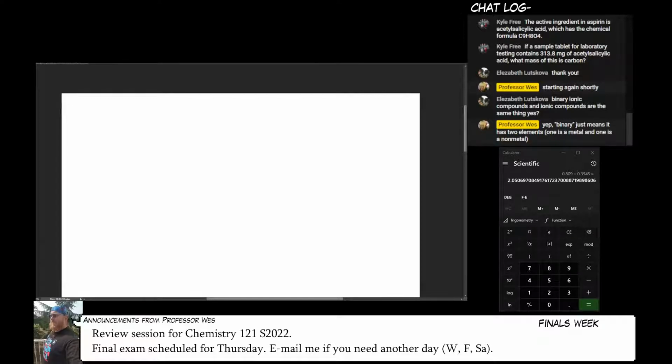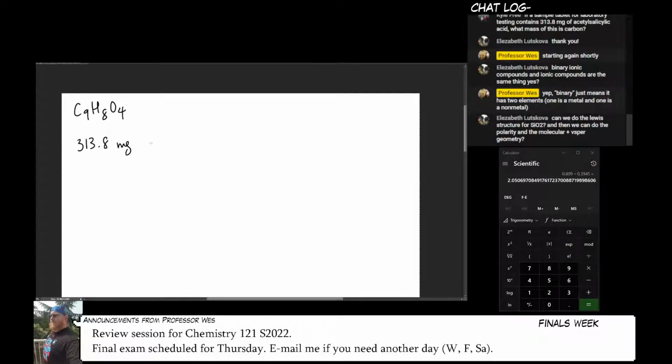All right. So I got one question during the break, and that was this aspirin question. We'll go over that. So I have acetylsalicylic acid, which is C9H8O4, and I have 313.8 milligrams of this, which is the same as this.